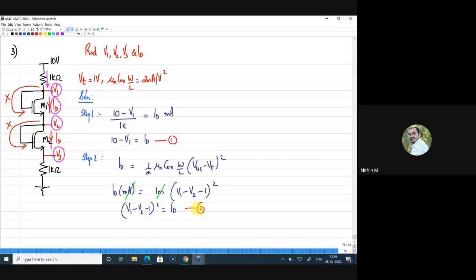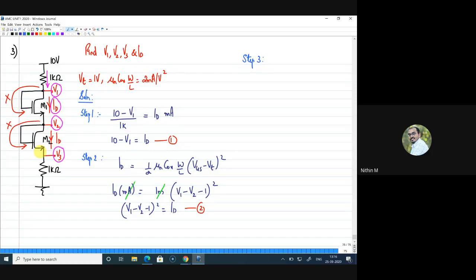Right. So this is my second step. Now, as a third step, I'll just continue. I hope now you got it. Now I'll write the current equation for M2.